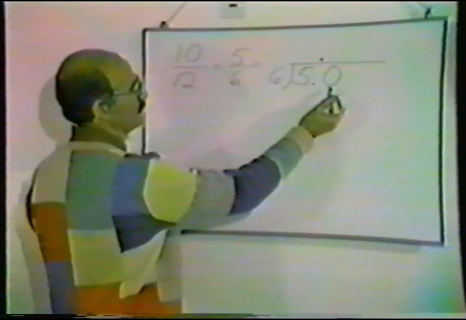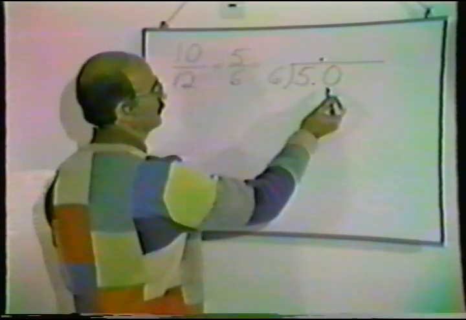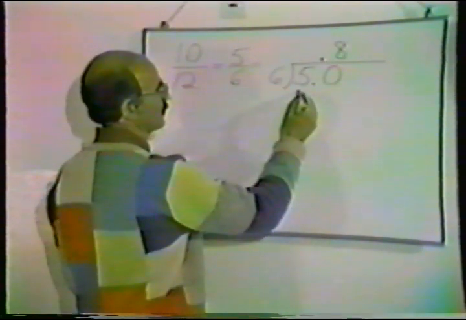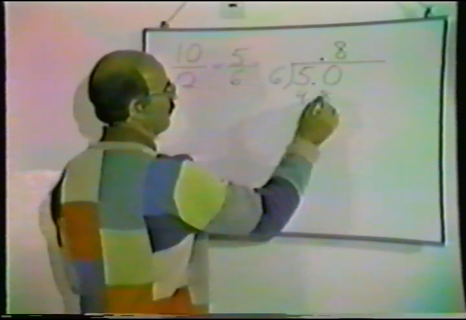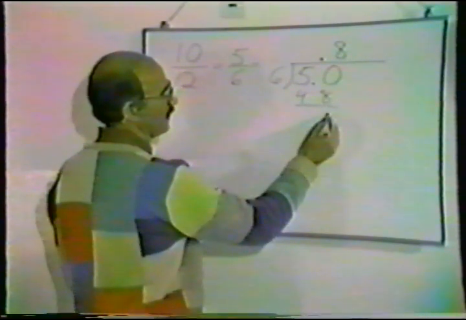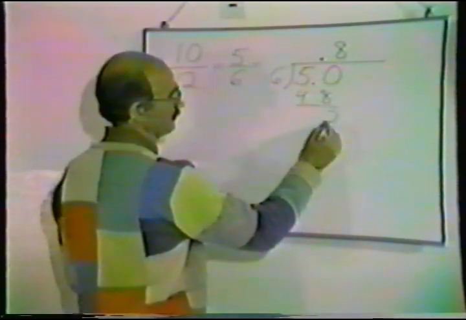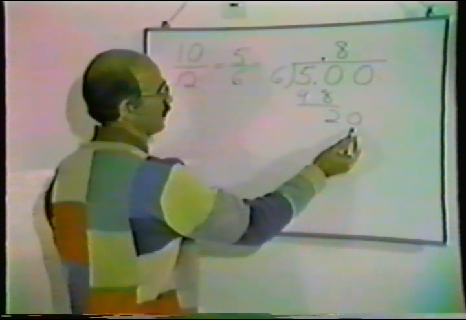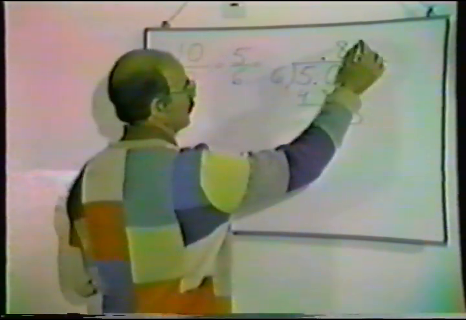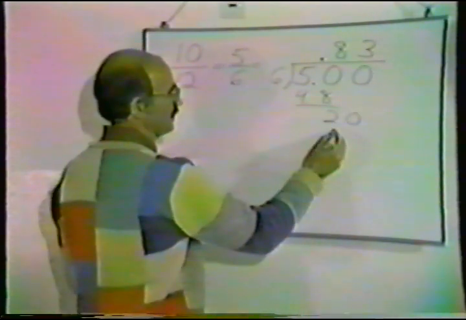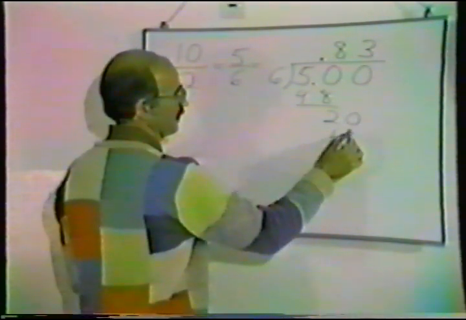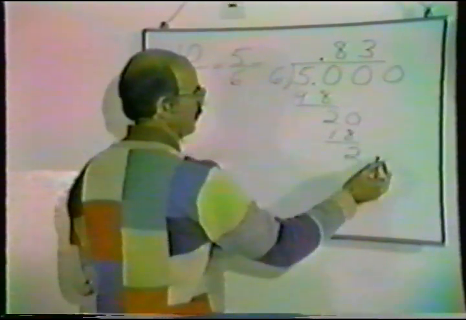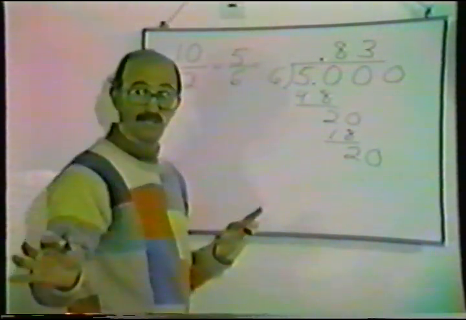6 into 50. 8, 8 times 6. 48, 50 take away 48. 2. Bring down the 0. 6 into 20. 3, 3 times 6. 18. Subtract, get 2. Bring down the 0. Wait.